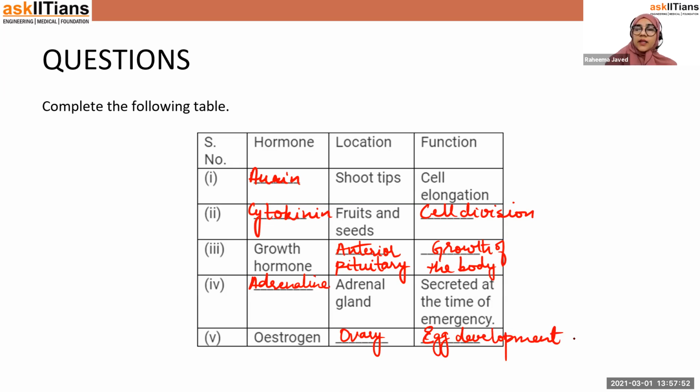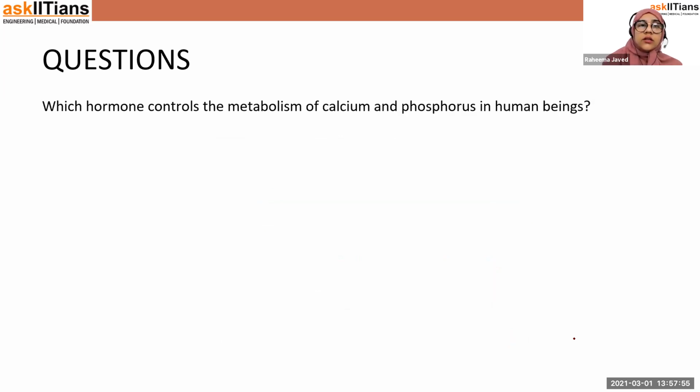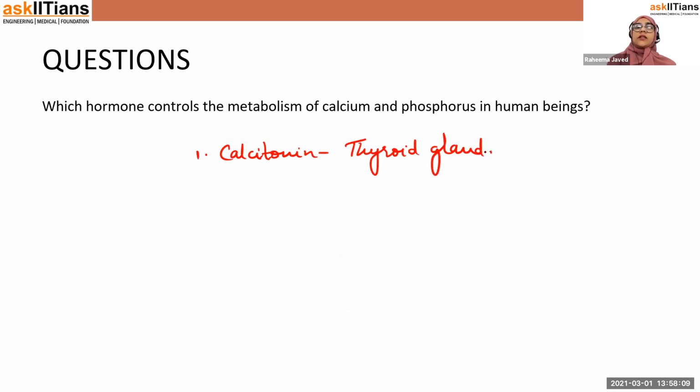Let's move on. Which hormone controls the metabolism of calcium and phosphorus in human beings? There are two hormones: calcitonin, that is secreted from the thyroid gland, and the second one is parathyroid hormone, that is secreted from the parathyroid gland.